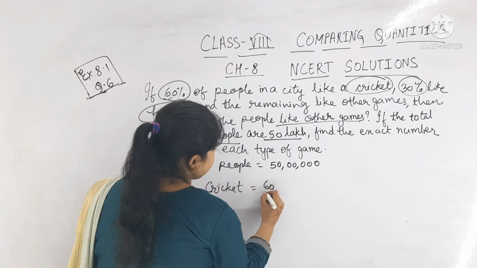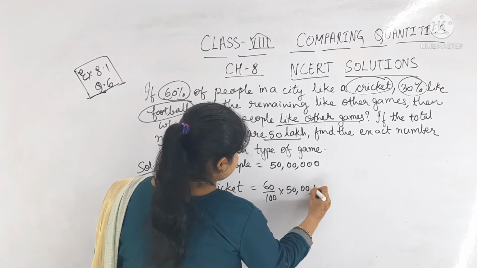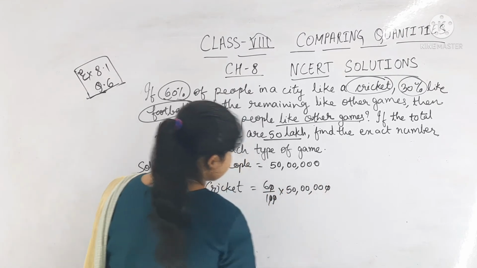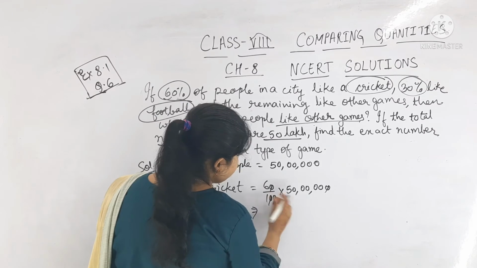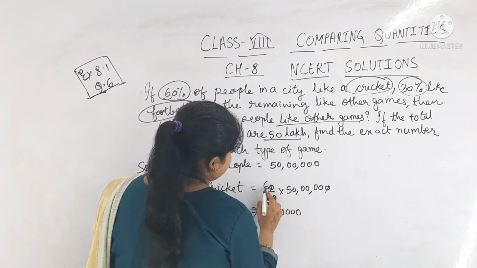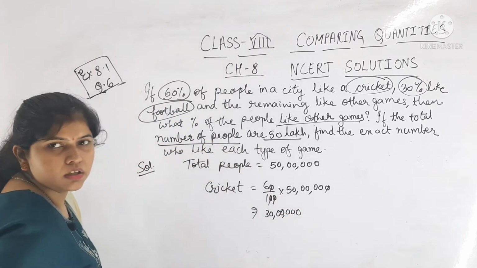So 60% of 50 lakh. This 0 will cancel, this 0 will cancel. So what I get here, 5 zeros, 6 fives are 30 lakh is your answer for the cricket.